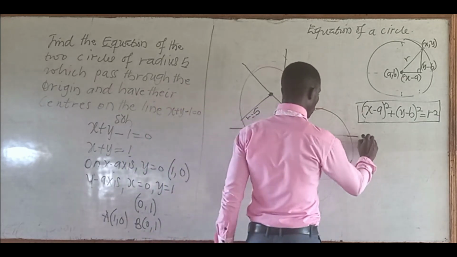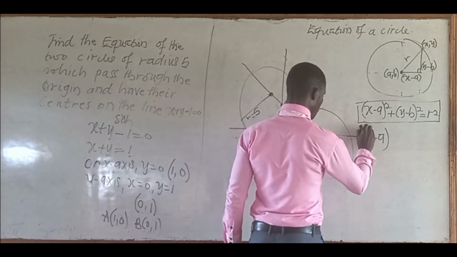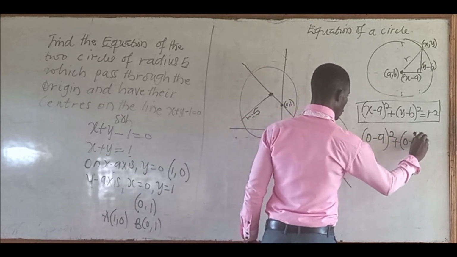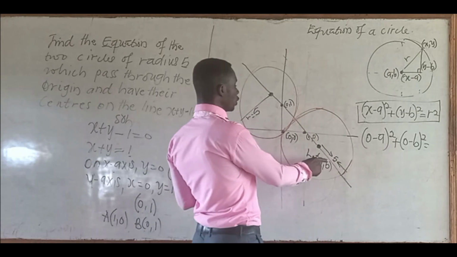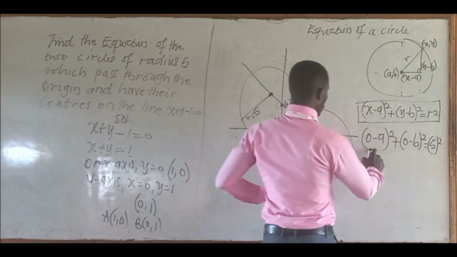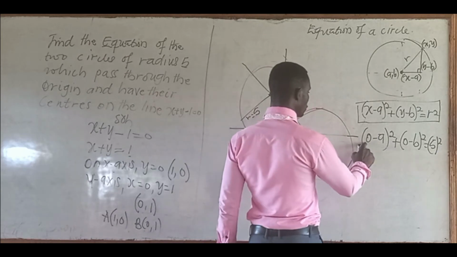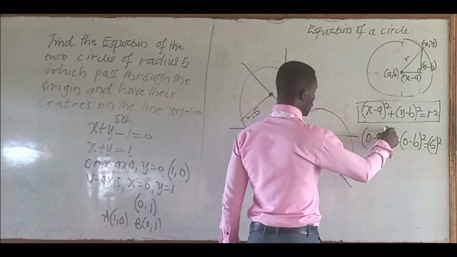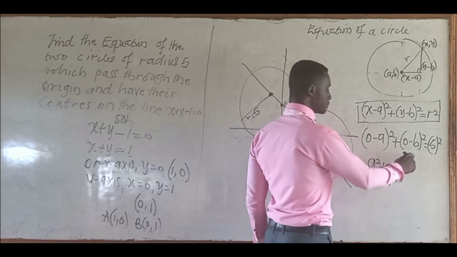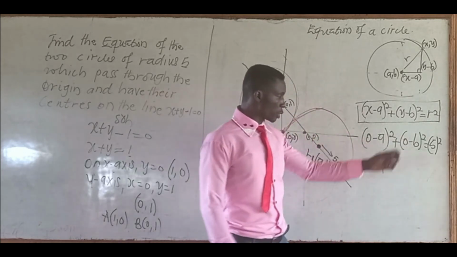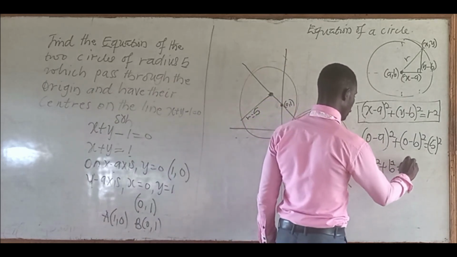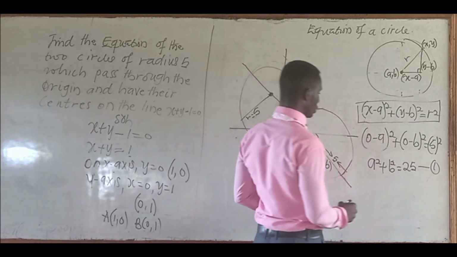So 0 minus a squared plus 0 minus b squared is equal to our radius squared, and our radius is 5, so 5 squared. So 0 minus a will give us negative a all squared, which gives a squared, plus 0 minus b gives negative b all squared, which gives b squared, equal to 5 squared, 25. Let this be our equation 1.